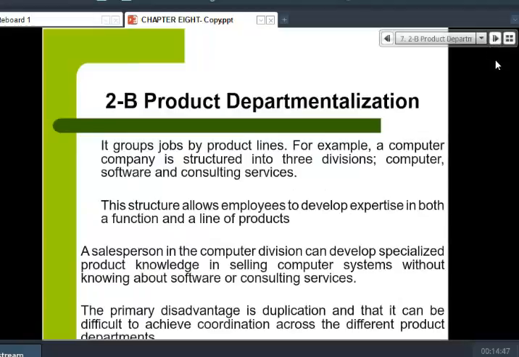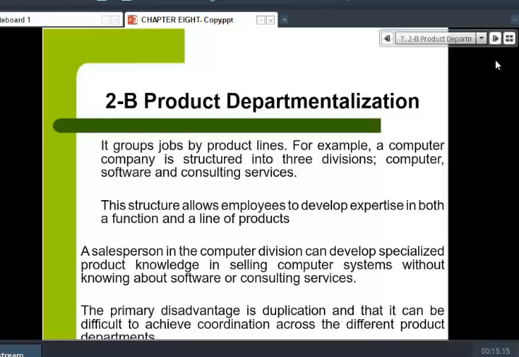Product department. It groups jobs by product lines. For example, a computer company is structured into 3 divisions: the computer, the software, and the consulting services. So the company has been divided according to the product itself.